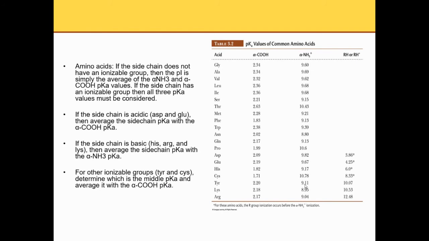So basically that'll be 9.11 plus 2.2, and then take the average of these two. So that's the 3 different calculations for these 7 different amino acids that carry the titratable side chain. That's how you determine the PI, the isoelectric point.